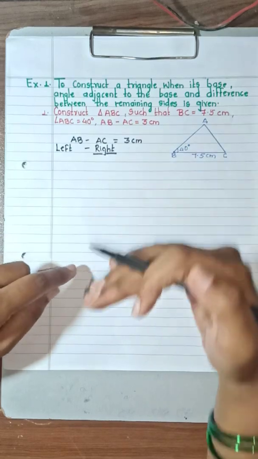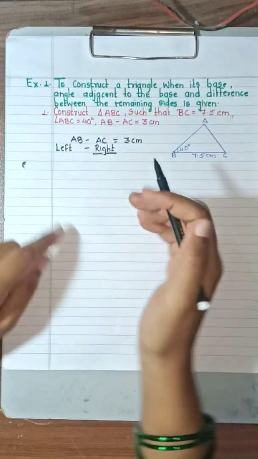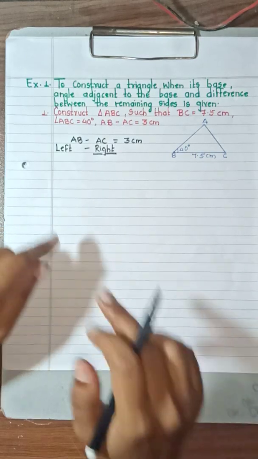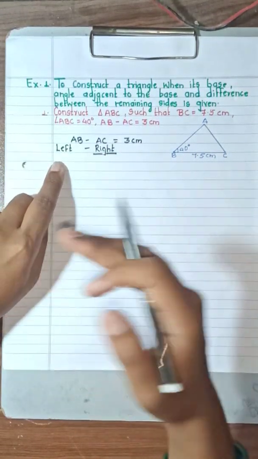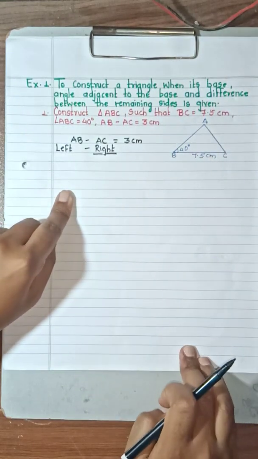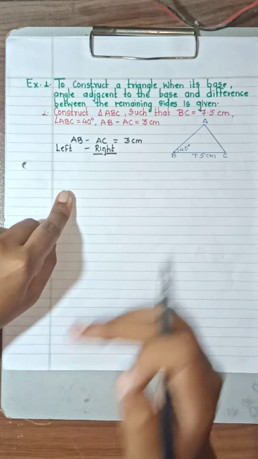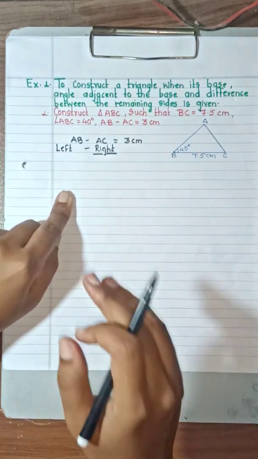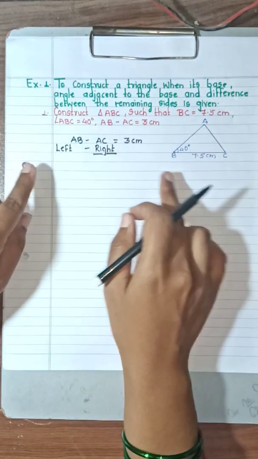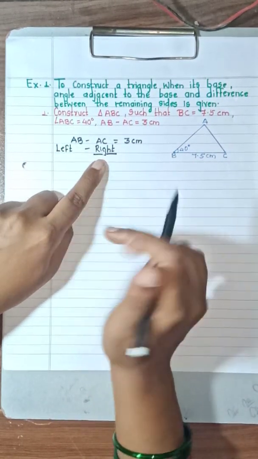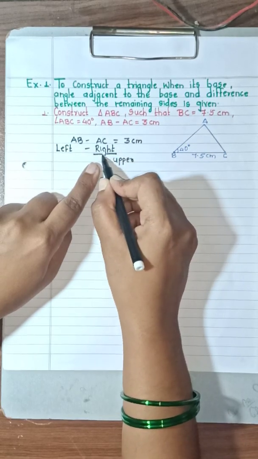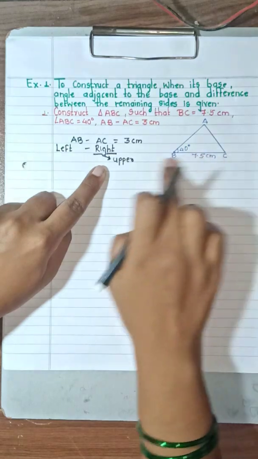When it comes right minus left, which we'll study in the second example, left means lower, so you have to construct the triangle below the base. Now as it is left minus right, that means upper, you have to work on the upper part of the base.